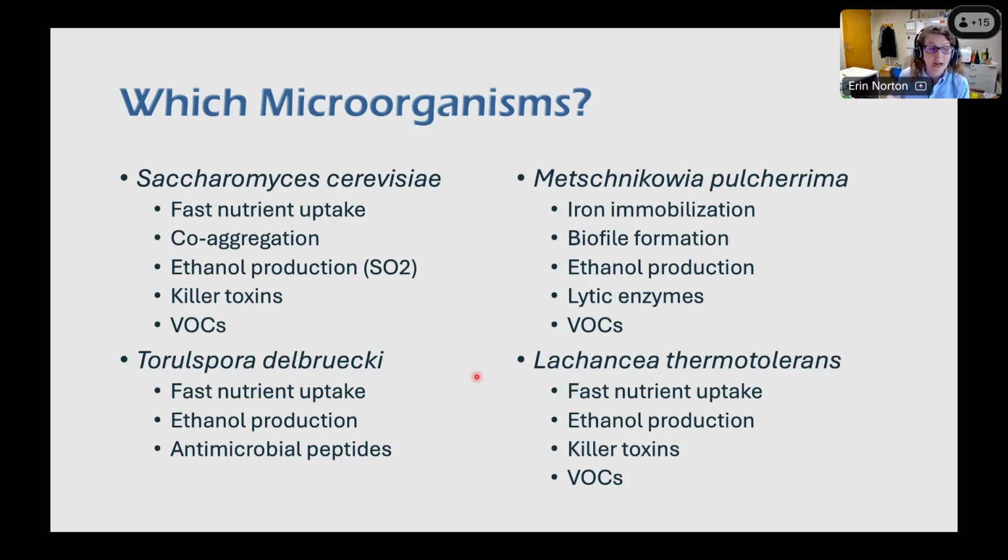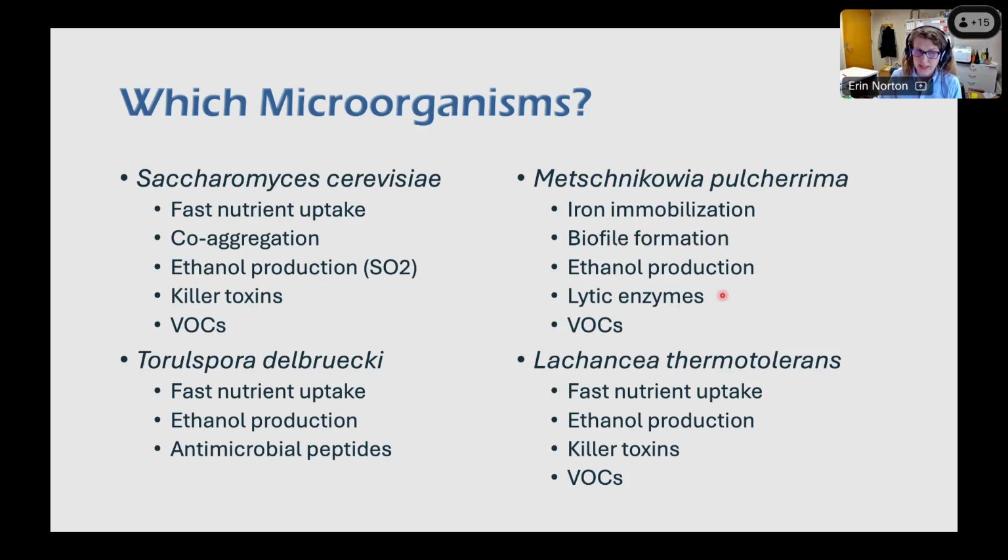It can, again, secrete those out and cause things not to thrive. Metschnikowia pulcherrima is really interesting. It's got a lot of benefits. It can immobilize iron, which other microorganisms might need. Biofilm formation on the outsides of grapes.